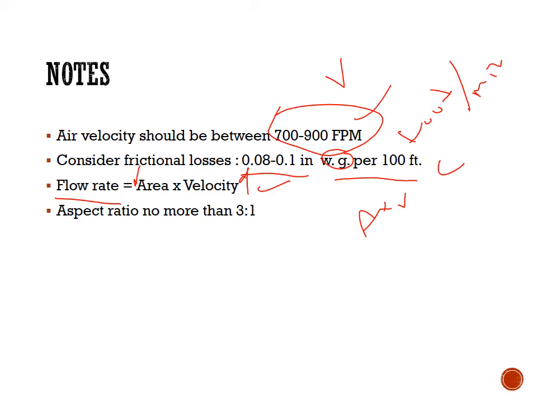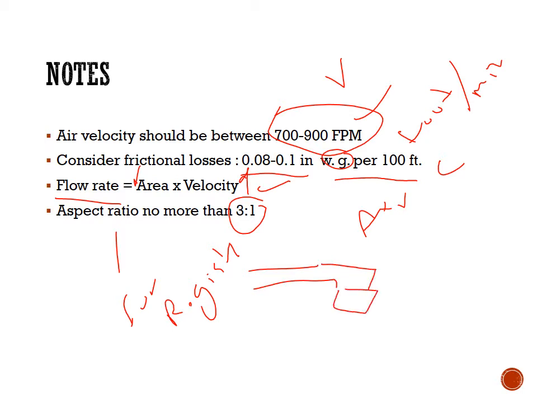The aspect ratio for the register should be no more than 3:1. So if this is my duct, this is my opening here, I have this register. You want it to be 3:1 feet, or 6:2, which is really huge, or you can go 1.5 by 0.5 feet.